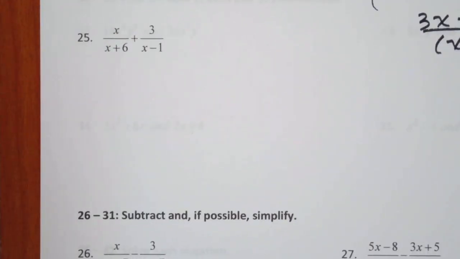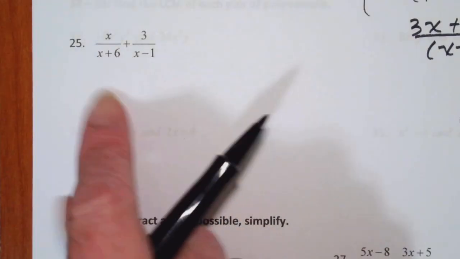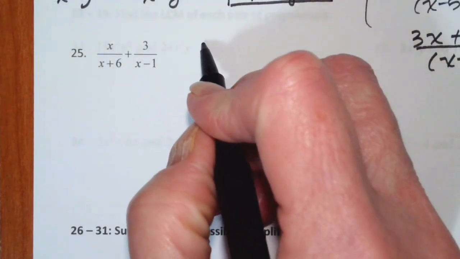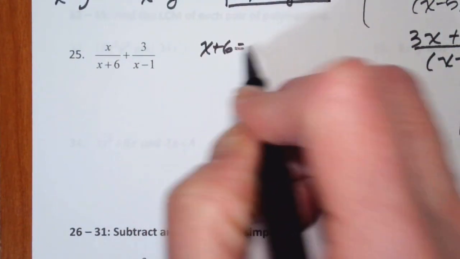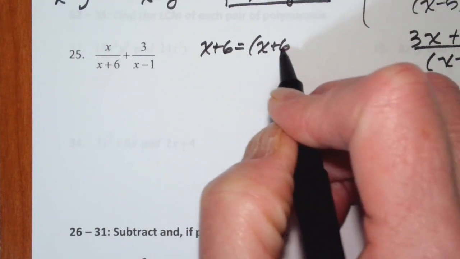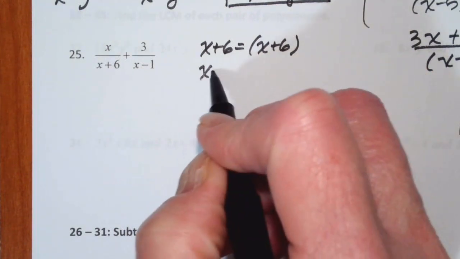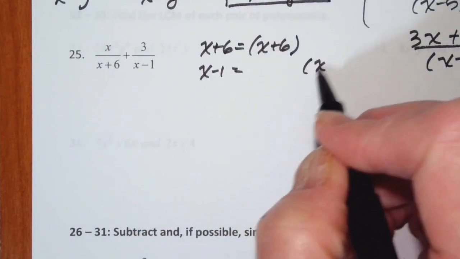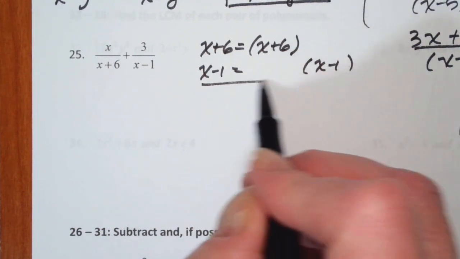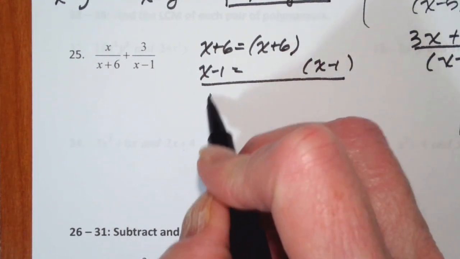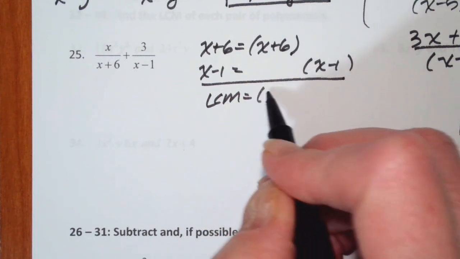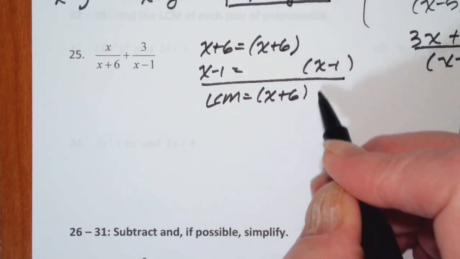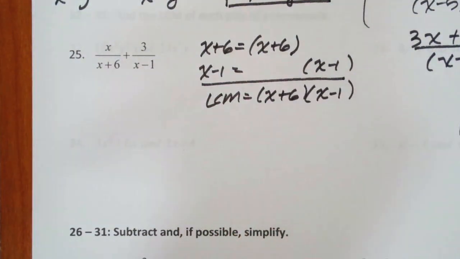Okay, 25 is exactly the same thing. I have different denominators. So x plus 6 is just a prime factor of x plus 6. X minus 1 is a prime factor of x minus 1. So my least common multiple has to have a factor of x plus 6 and a factor of x minus 1.